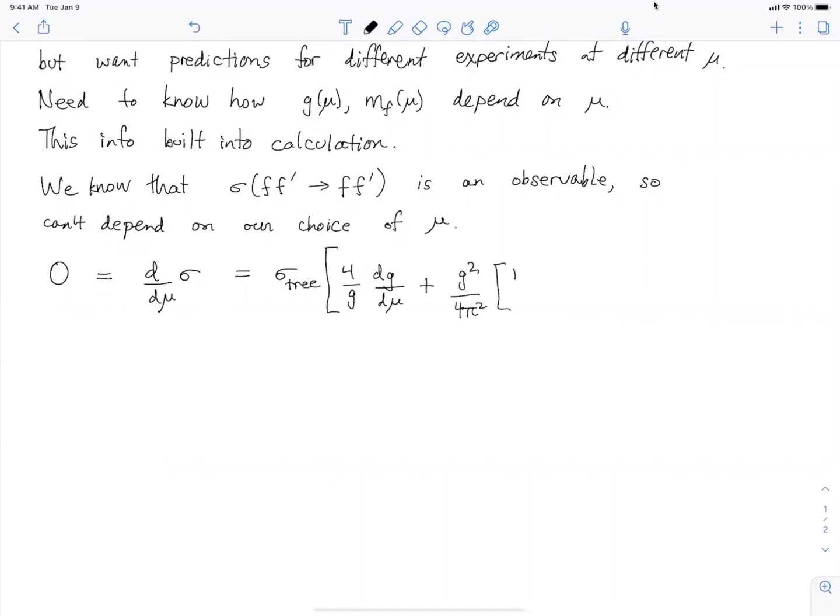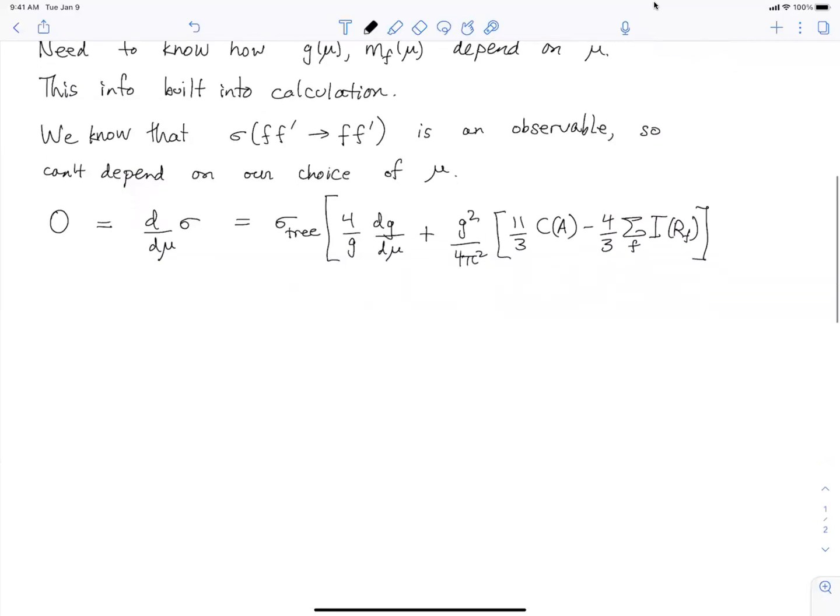And there were some group theory factors: the Casimir of the adjoint minus 4/3 times the sum over the fermions times the index of the fermion representations. These are just group theory numbers. And that was all multiplied by a logarithm of mu plus some other stuff, but we don't care about the other stuff right now. We only care about the mu dependence, and the derivative of the logarithm of mu is 1 over mu. Okay, and then you could add more bells and whistles by adding more loop diagrams.